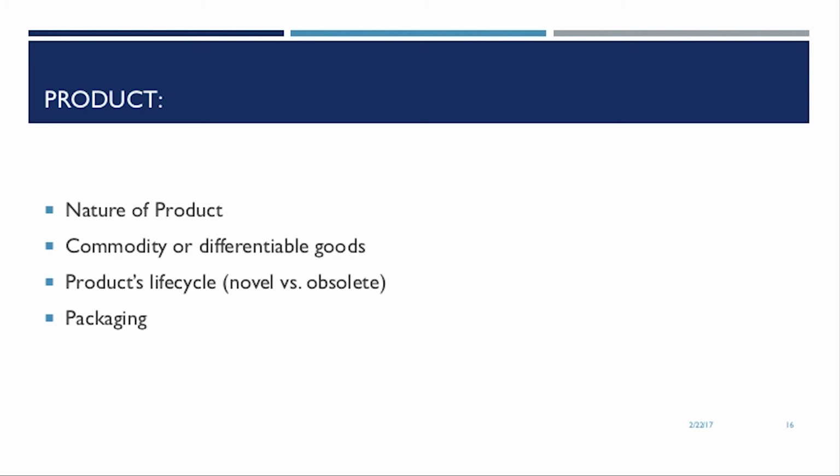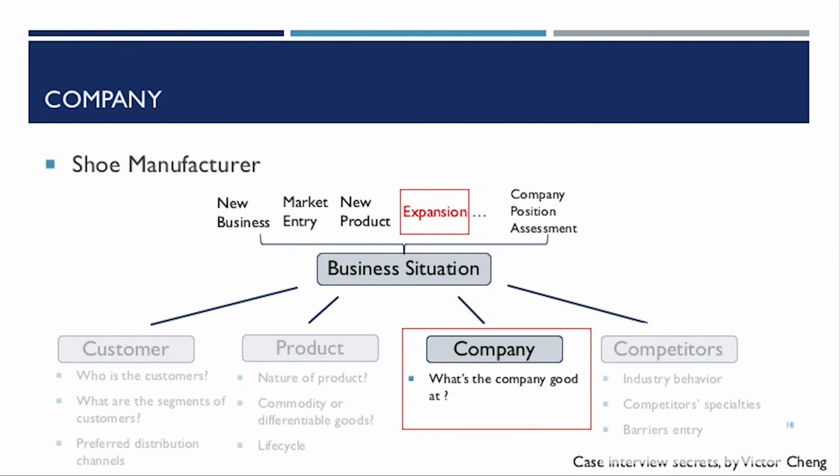If it's a novel product, then it's quite promising to keep the factory expanding, but if it's obsolete, maybe it's not a good idea for the shoe manufacturer to keep putting money into a new factory or things like that. There are also packaging problems, which might not be a big issue in our shoe manufacturer case here. Next is about the company itself.